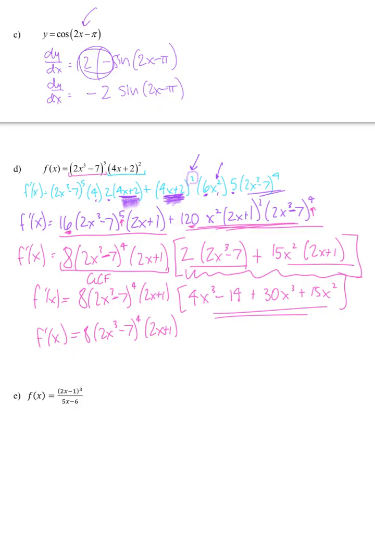How many cubes do I have? 34. 34x cubed plus 15x squared minus 14. That should be parentheses. Like I said, buckle up. Let's keep going.